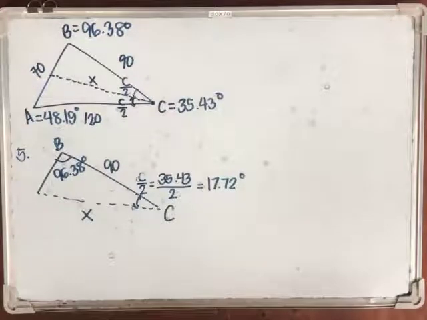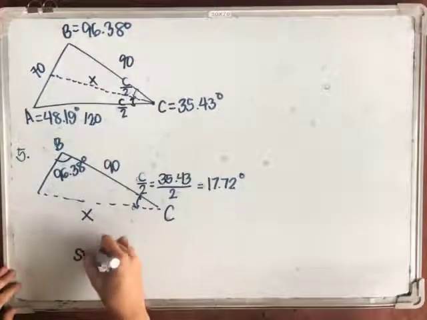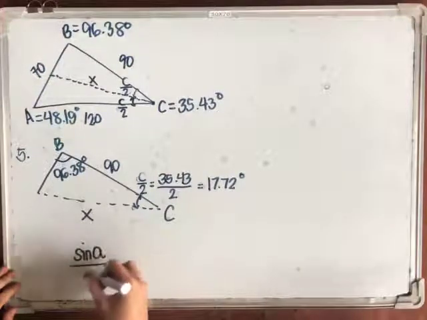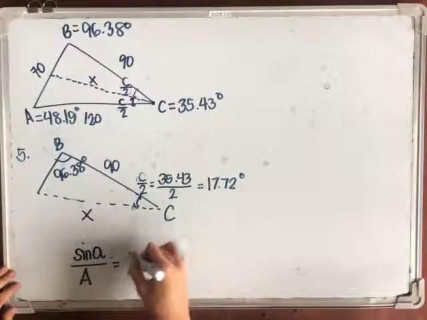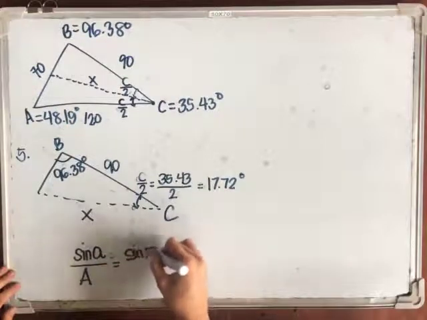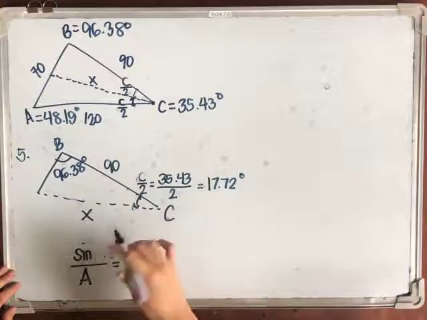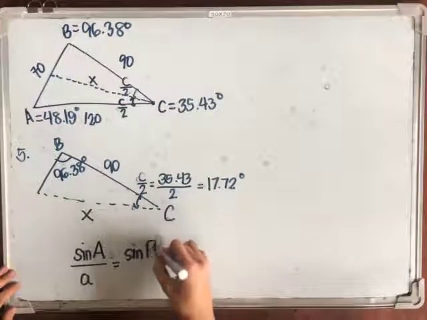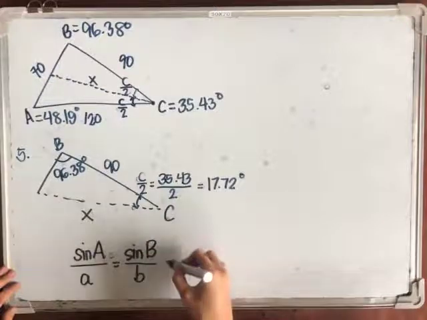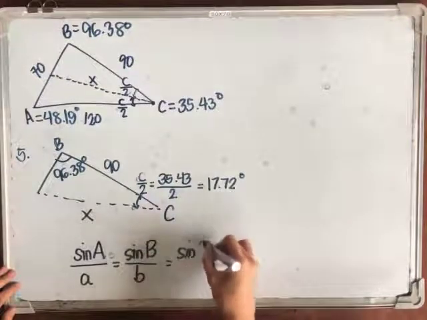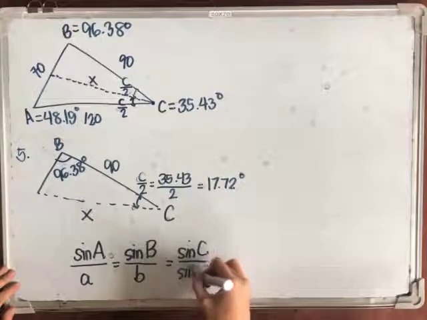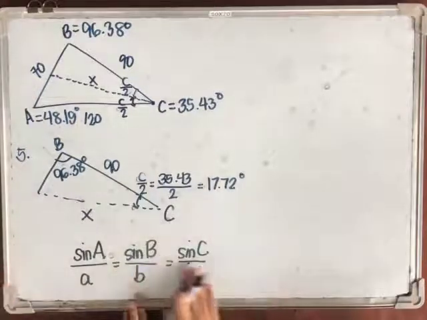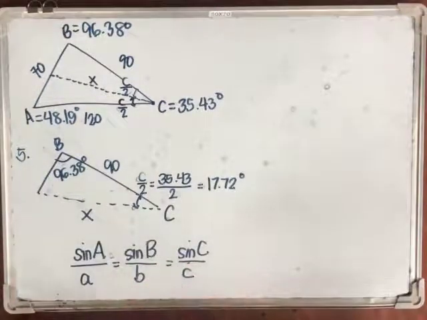Okay? Maybe, no, the easiest way to do this is by using our sine law. So, ang sine law natin, it tells us that the sine of your angle A over the side A is equal to the sine of angle B over the side B is equal to the sine of angle C over side C. This is our sine law.